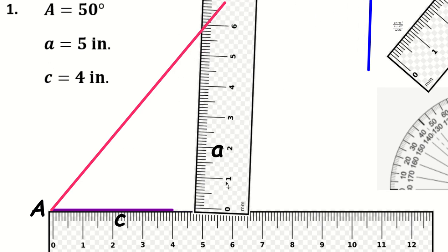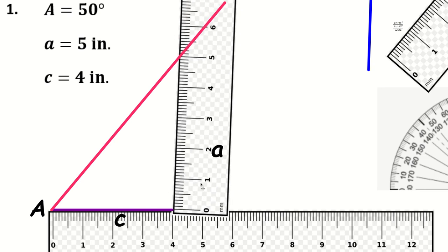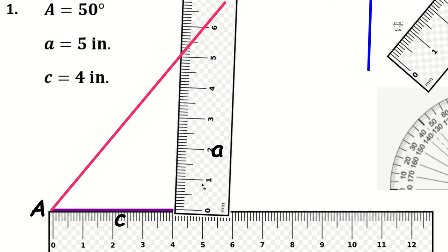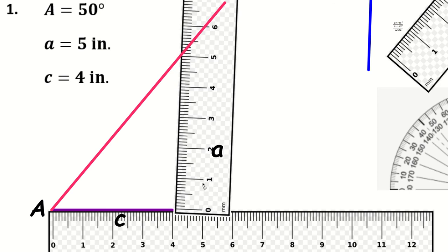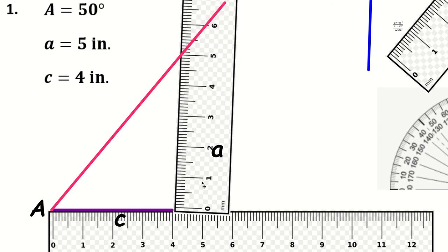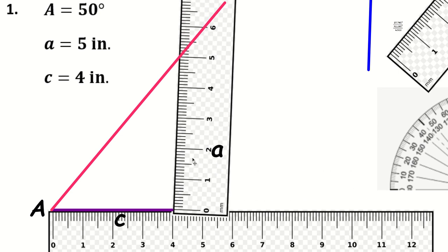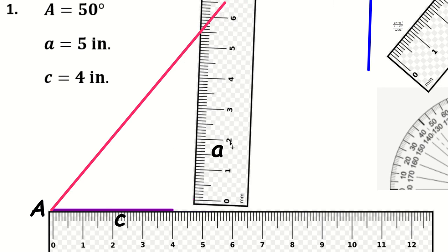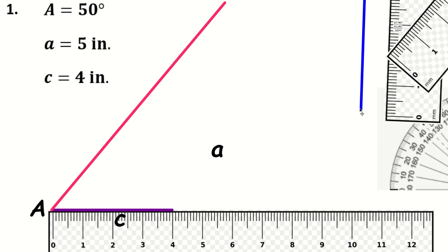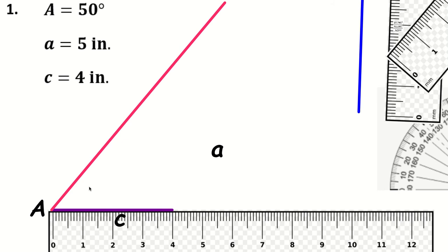So you take your protractor or your ruler and position it right here, and you twist it until you're pretty sure that you found the proper angle, where this side A would have to be exactly 5 inches, okay? And that's pretty much what you do, right?